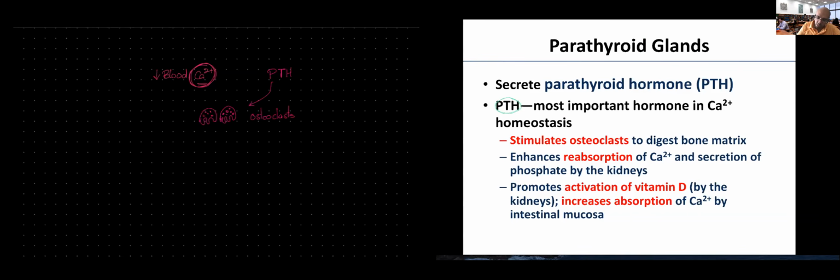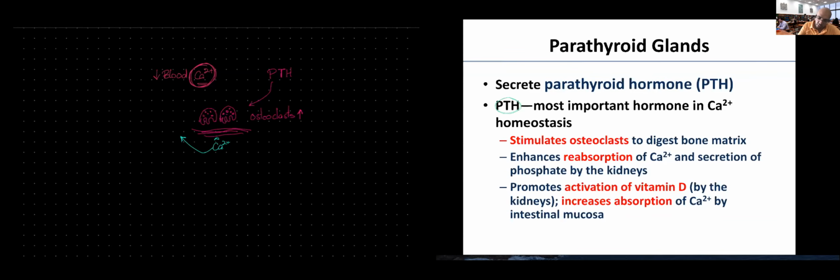So PTH enhances the osteoclasts to break down the protein within the bone. And as you break down the protein within the bone, this gonna allow the calcium to be freed, and it will, rather than remaining in the bone, it's gonna go to the blood, increasing the blood calcium level.